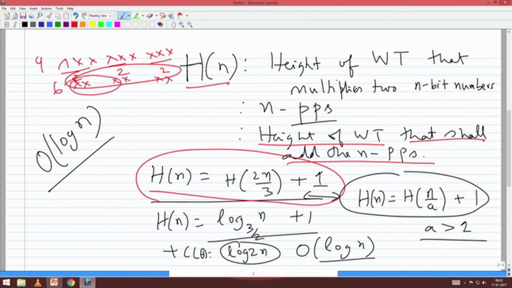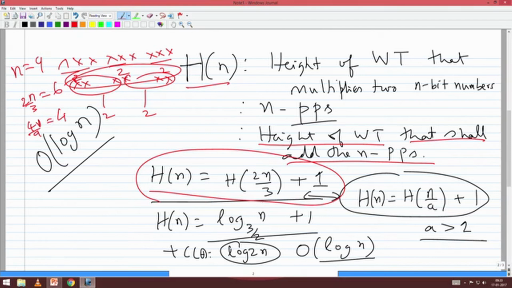Now I can club these and these 3 can become 2. So from 9 it became 6, from 6 it became 4. So n is 9, 2n by 3 is 6, 4n by 9 is 4.